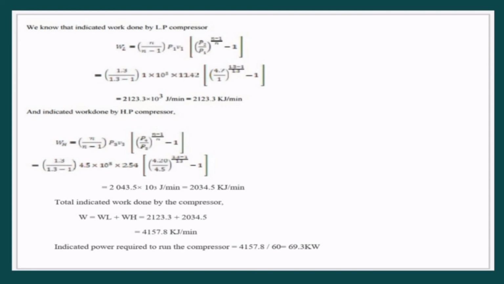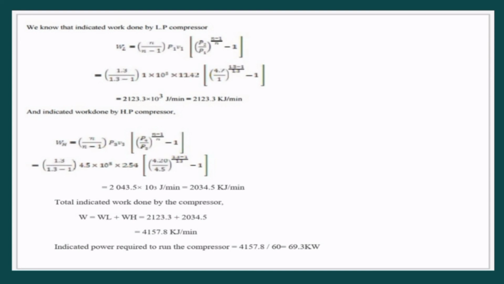WL is equal to 2123.3 times 10 raised to 3 joule per minute or 2123.3 kilojoule per minute.